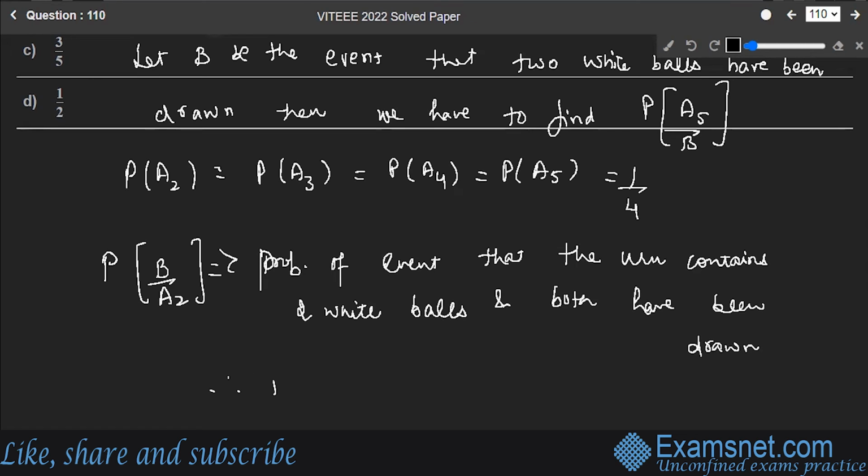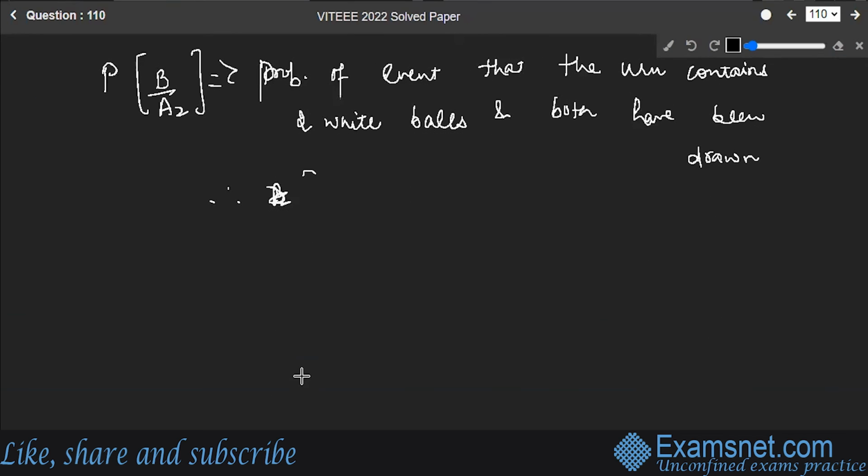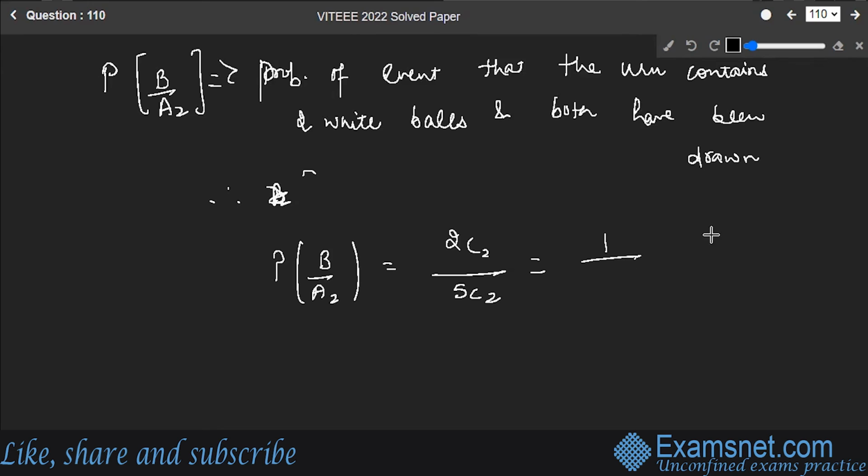Therefore, P of B upon A2 is equal to 2C2 upon 5C2, which is equal to 1 upon 5C2. 5C2 will be given by 5 into 4 upon 2, that is equal to 1 upon 10.